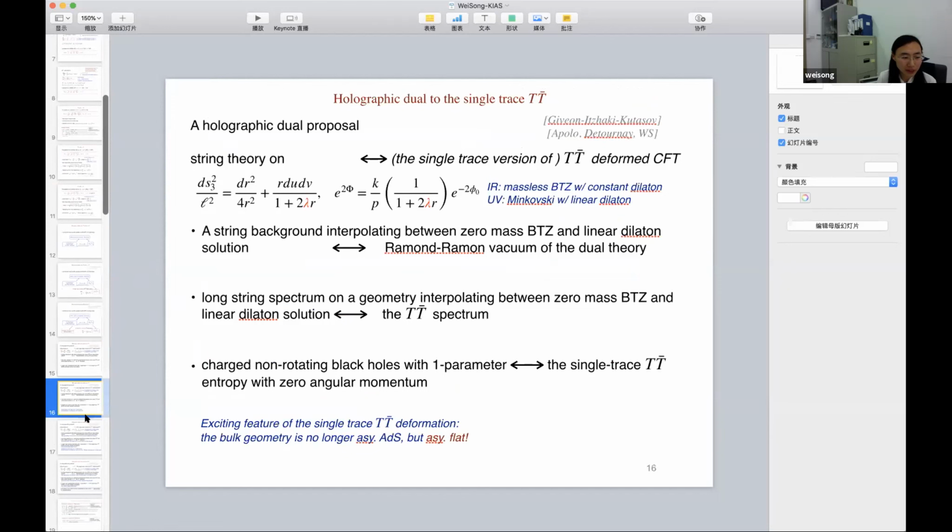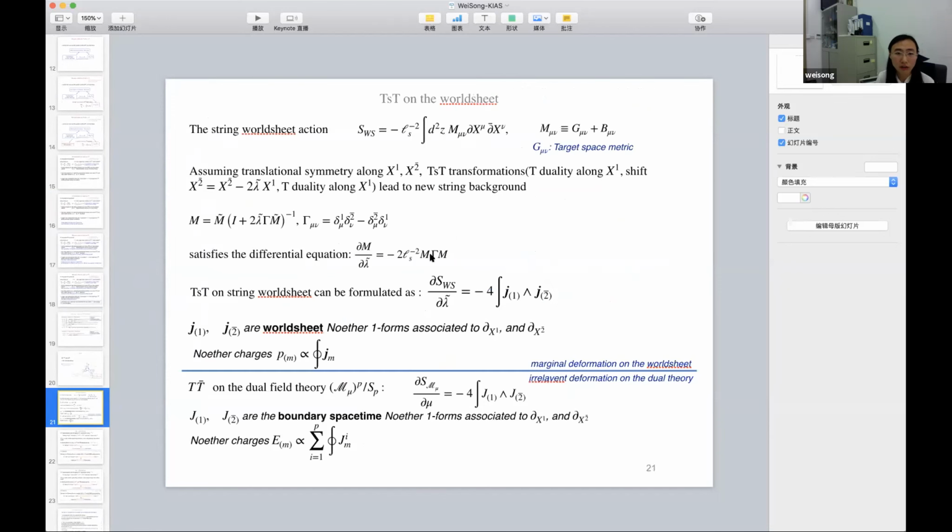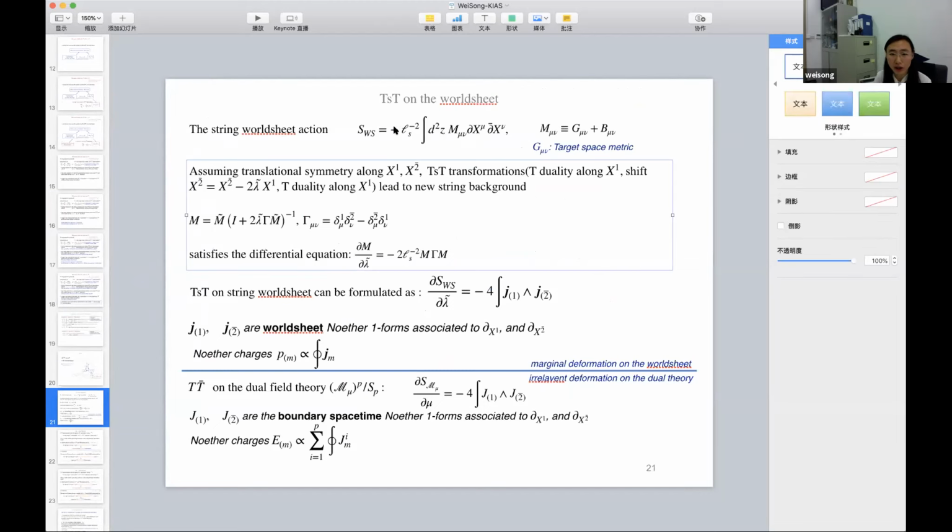So maybe let me go to the worldsheet. Here is, before the deformation, the bosonic worldsheet action. We have a background B field. Here G is the target space metric.